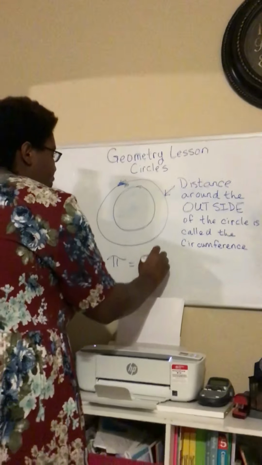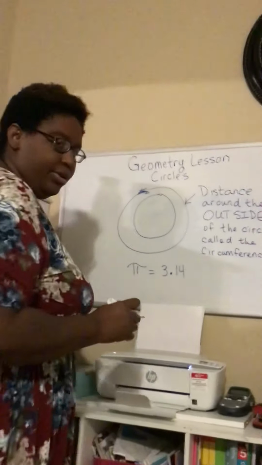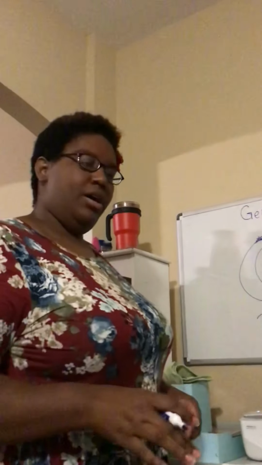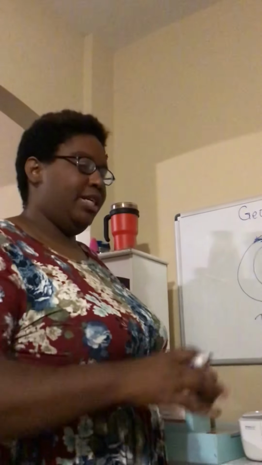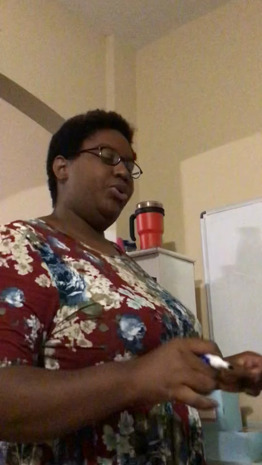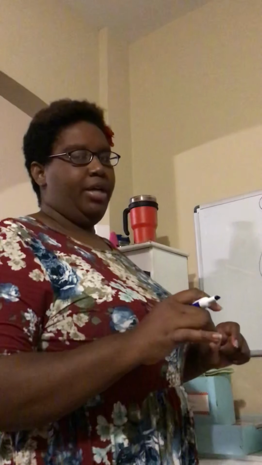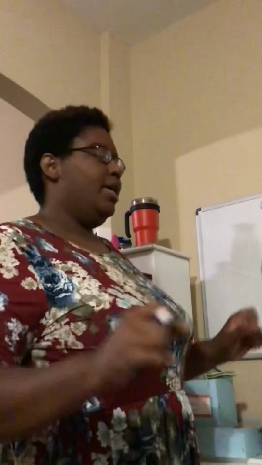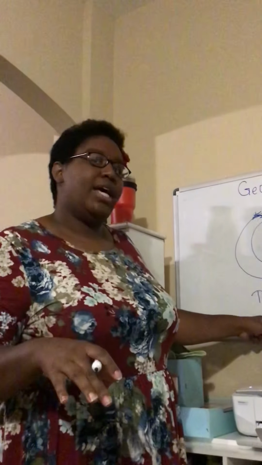We round pi off to 3.14. Now, at some point, it'd be really cool to repeat that by taking a bunch of circles and using a ruler or a measuring tape to figure for pi. It's a really cool experiment, and in science class we do this.